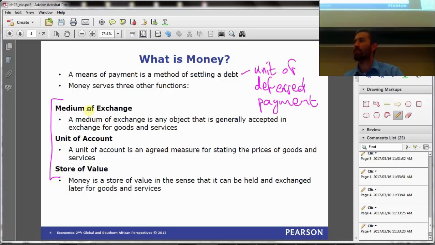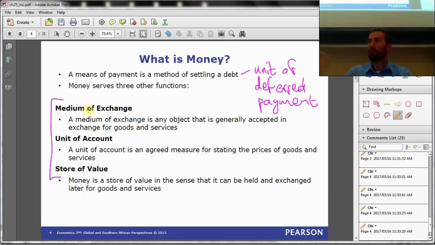Is inflation good for borrowers or lenders? There is a discussion on that in the textbook. If you have inflation and you've lent someone money, when you get paid back, that money you're getting paid back is worth less. So when you lend and there's unexpected inflation, then it's bad for you as the lender. If you've borrowed, when you're repaying your money, you're repaying with something which is worth less than what it was when you borrowed it.